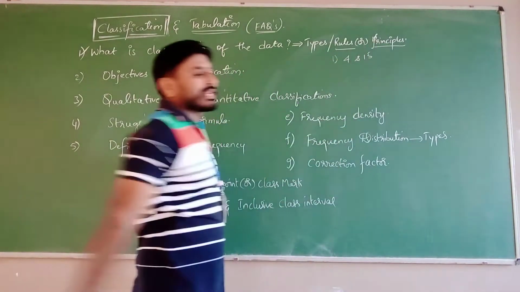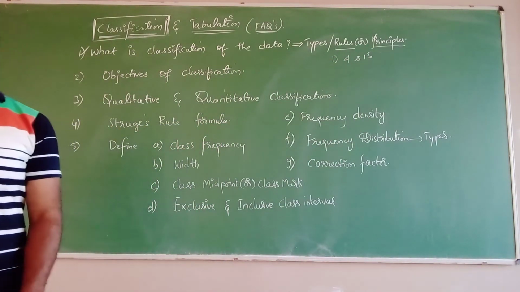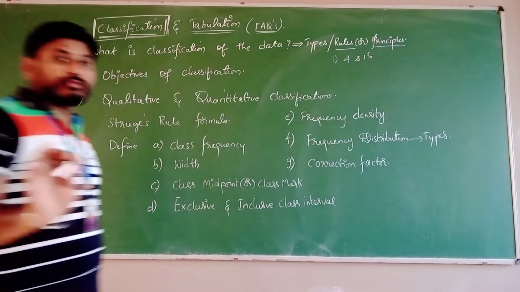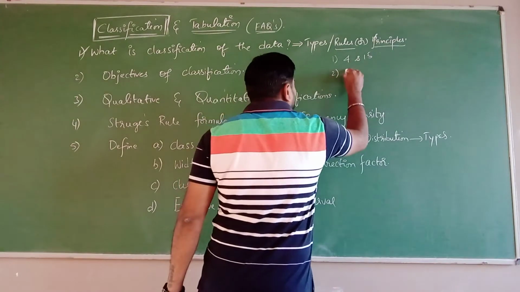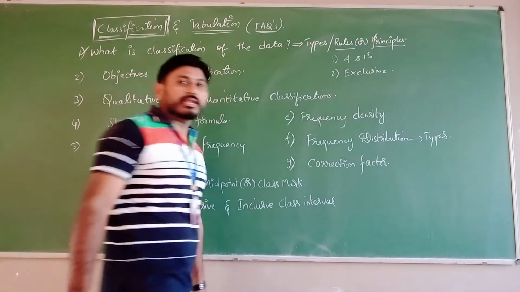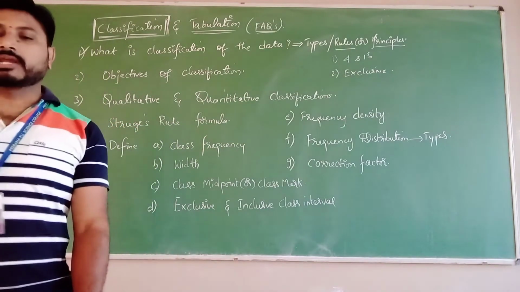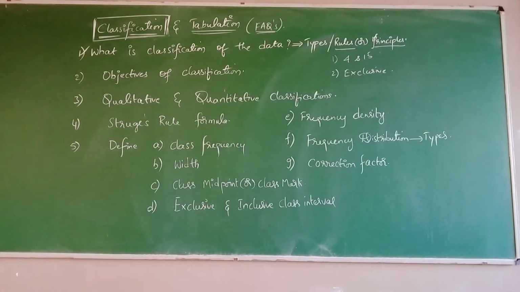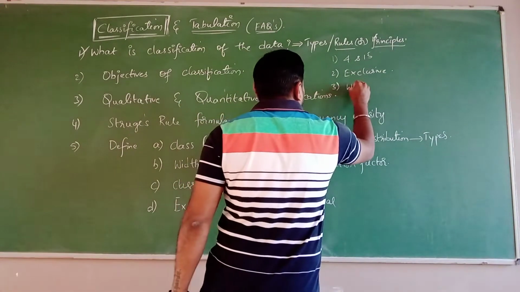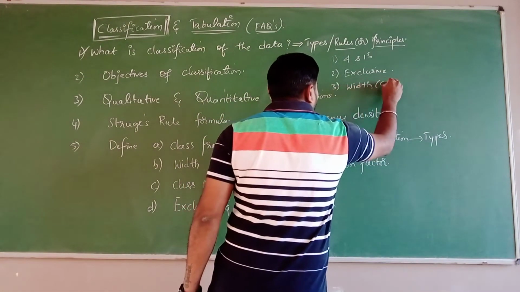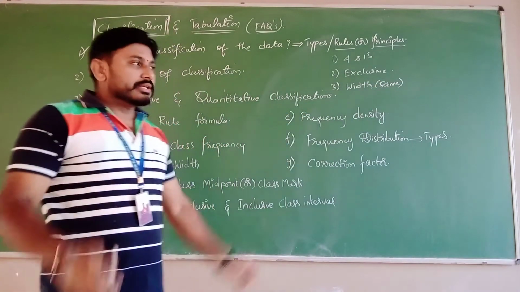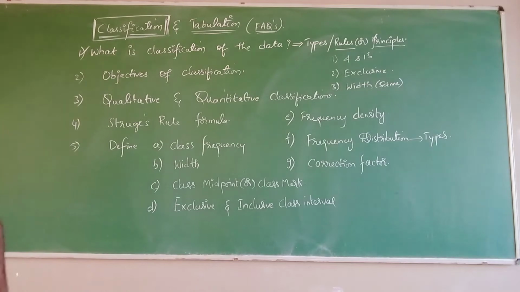Next, exclusive classes should be framed. Exclusive type of classes should always be preferred rather than inclusive type of class intervals. Second, the width of the class interval must be kept constant, so a common width. Whatever classes you have considered, the same kind of width must be there.